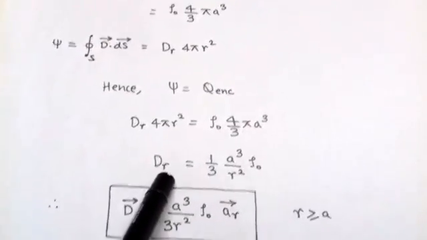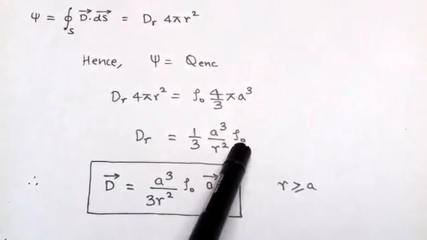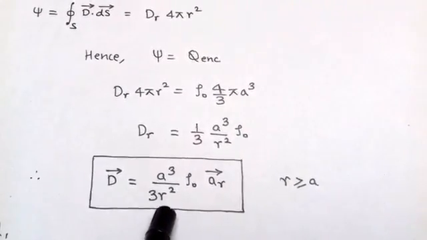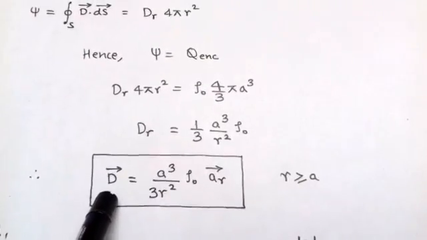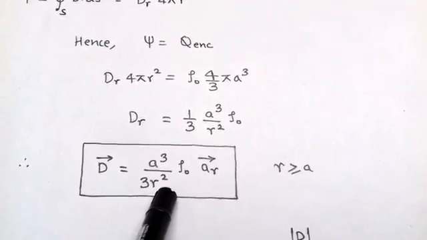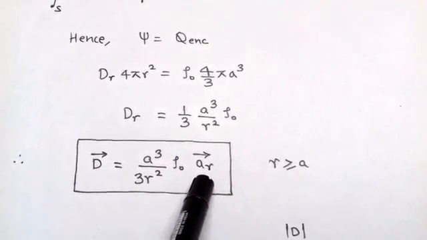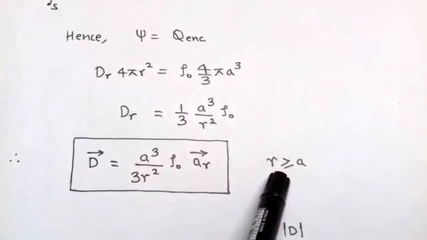This is the magnitude part, and in terms of vector, D equals a cube upon 3 r squared rho naught in the direction of r. Here r is greater than or equal to a. So in general, we can write the two cases combined.